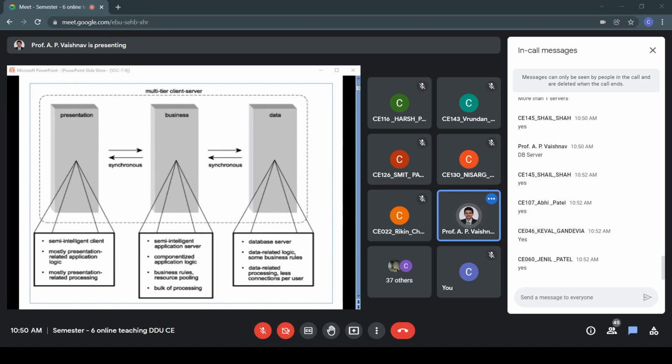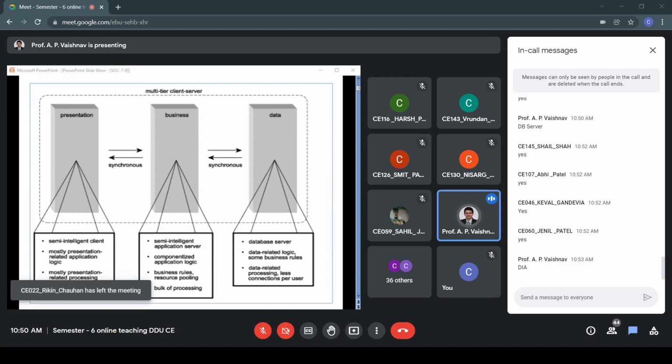On the client side, we just have a browser, and that's why it is again called a dumb client. You can access any application all over the world through the browser. No logic is installed on the client side. It is just rendering the pages, so only presentation related processing is there on the client side.